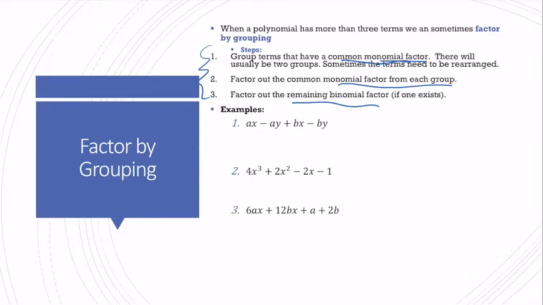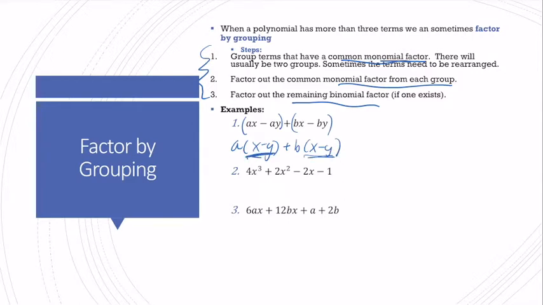So I've got ax minus ay plus bx minus by. I'm going to put in some grouping symbols. The greatest common factor of ax and ay is a, so I pull out a factor of a. The greatest common factor of bx and by is b.